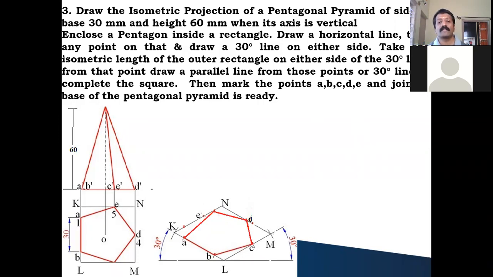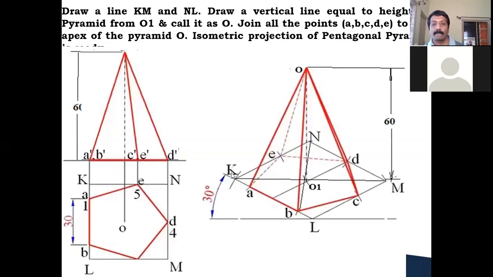After constructing the base, we have to find out the center of the base here also. So how to find the center of the base? You draw the diagonals of the outer rectangle, from K to M as well as N to L. It is not N to B. N to L you draw one line, and K to M you draw one line.